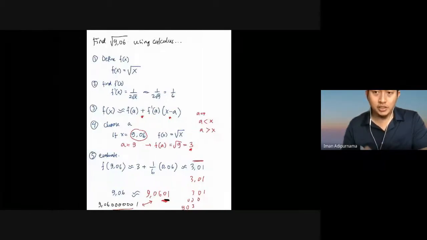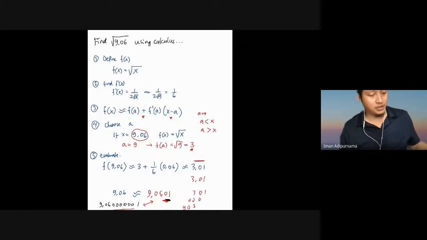Still related to linear approximations, if you read the sections in your textbook, somewhere in chapter 4, you will notice that you have another method. It's called Newton's method.